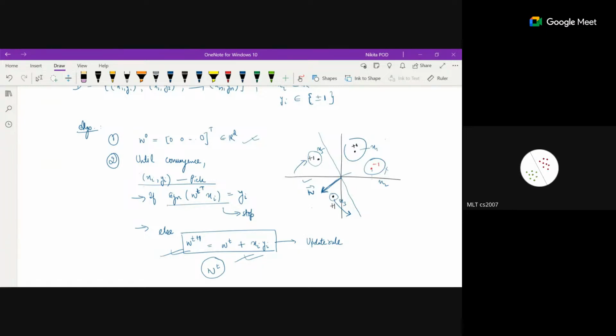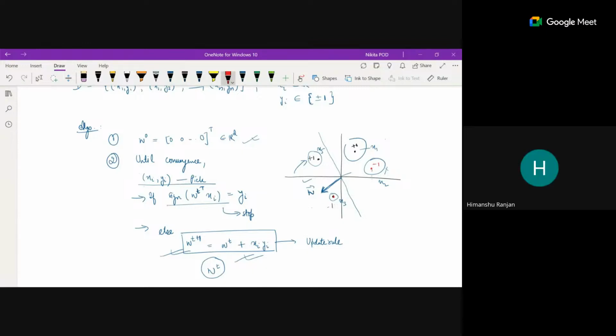Maybe I should have drawn it differently. I think if I draw it here, it should work, maybe with a few changes. Maybe I don't think it will work even in this case. Let's keep it here. X3 can be -1.